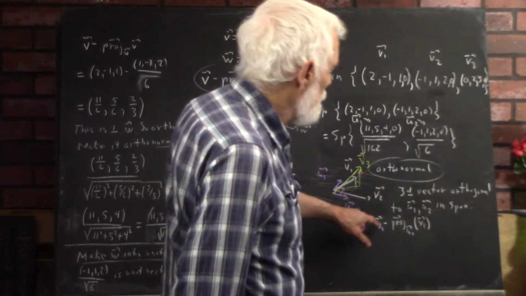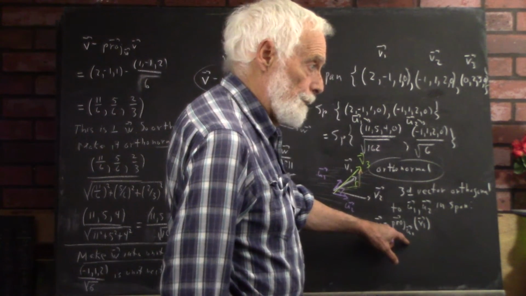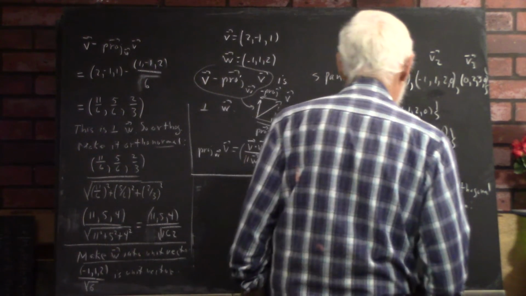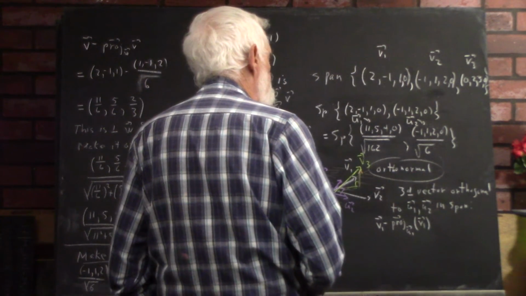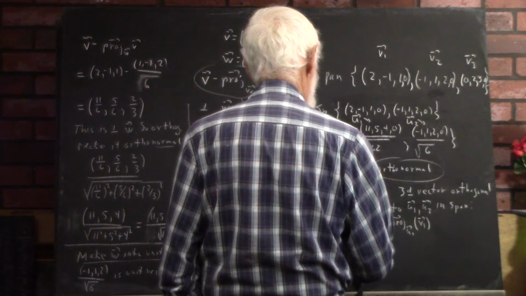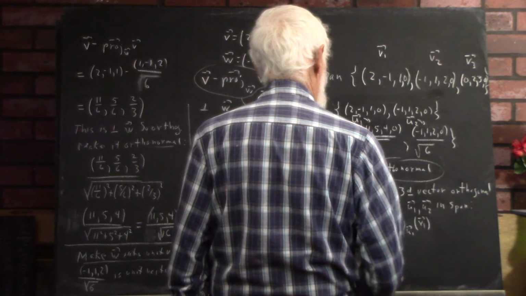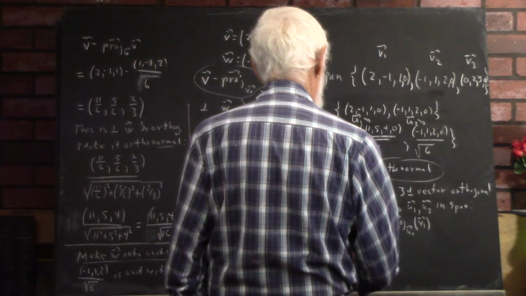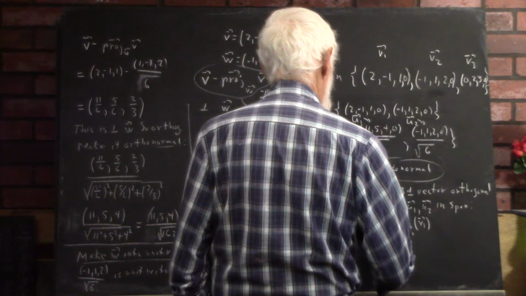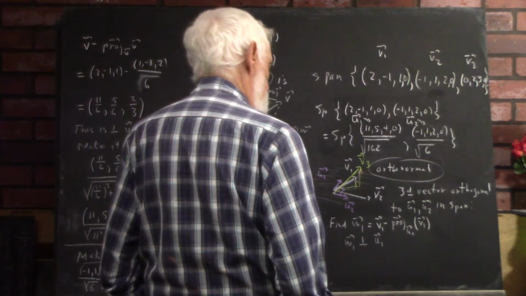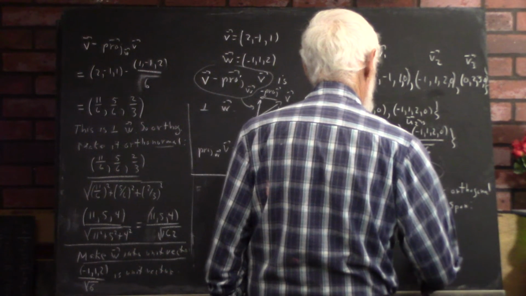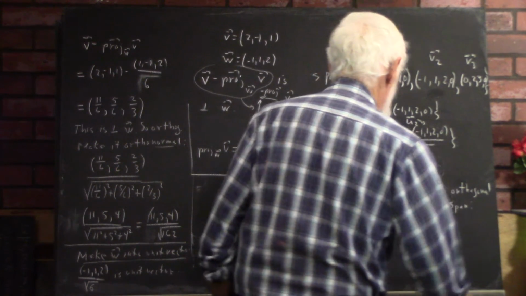We do v1 minus its projection on u1, and let's call this w1. w1 is orthogonal to u1, but not to u2.